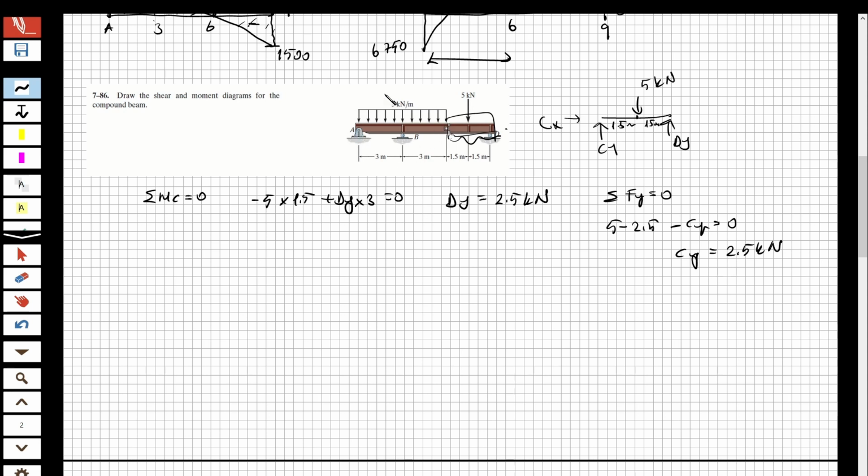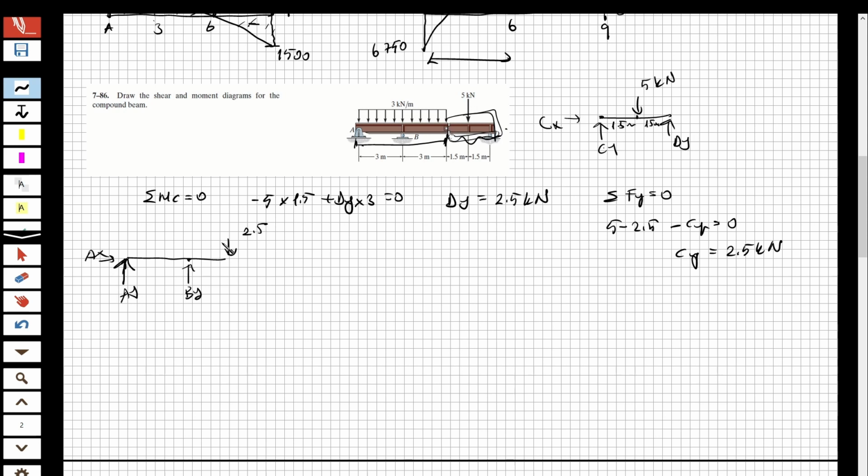So let's solve the second part from A to this point. Okay, so I'm going to draw the free body diagram of this shape. For example, this is Ay, Ax, yeah, and for example, this is point B. I have a By, and look at here at C. At point C, for this section, it is Cy upward direction. So for this one, it's going to be downward direction. What is Cy? 2.5, right?